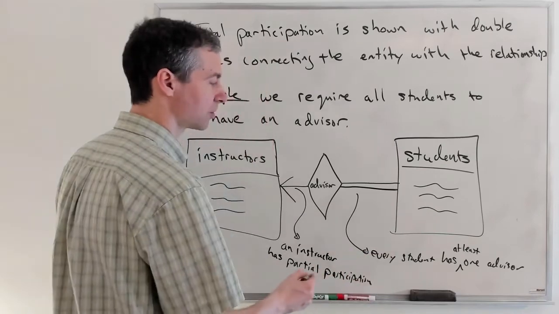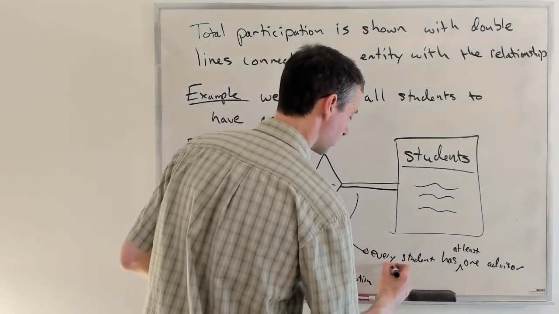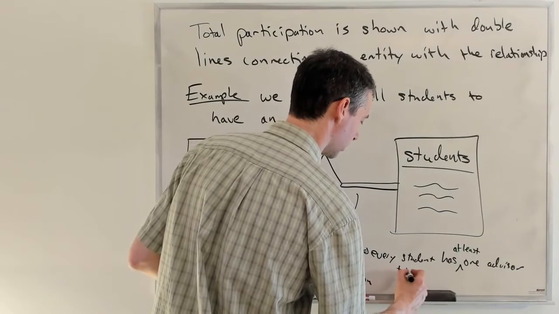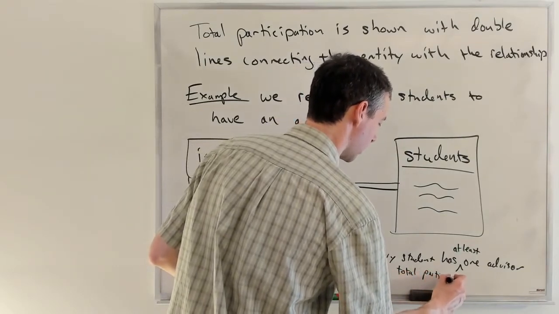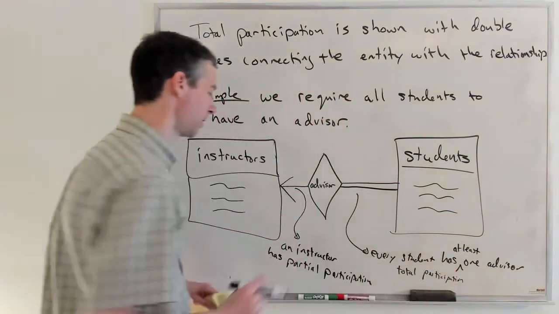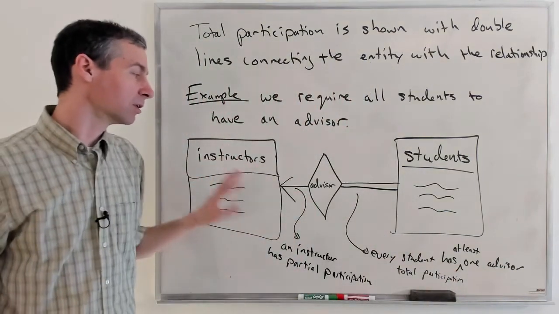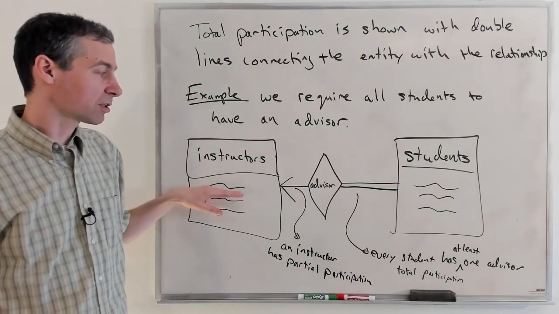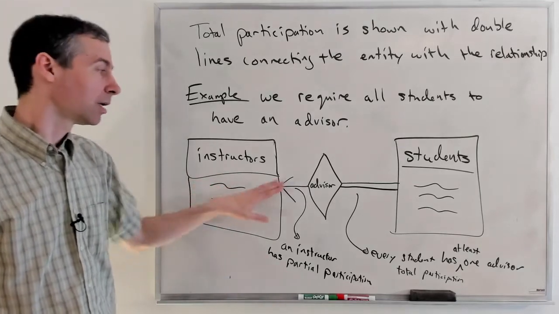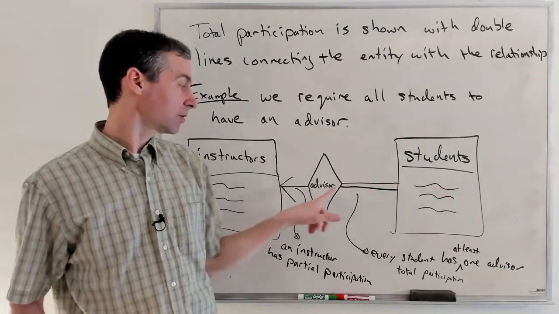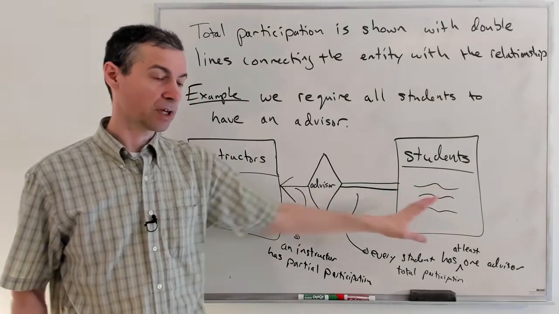And I suppose what I should really have said was this is total participation over here. Two lines means total participation. But partial participation basically means that, look, as an instructor, because I have partial, I might not be related via the relationship advisor to any students.